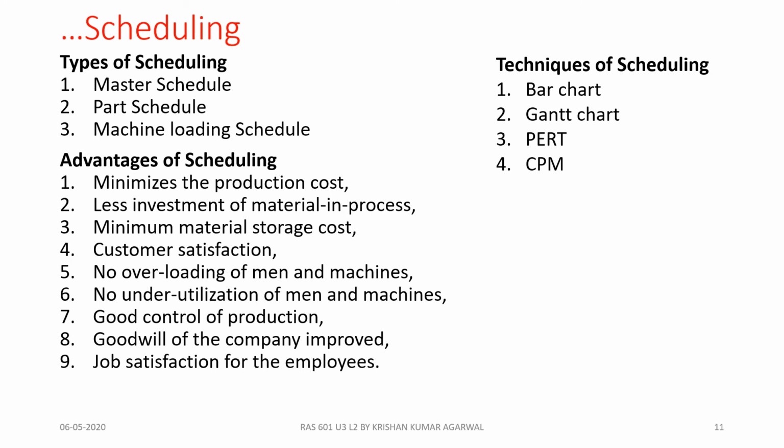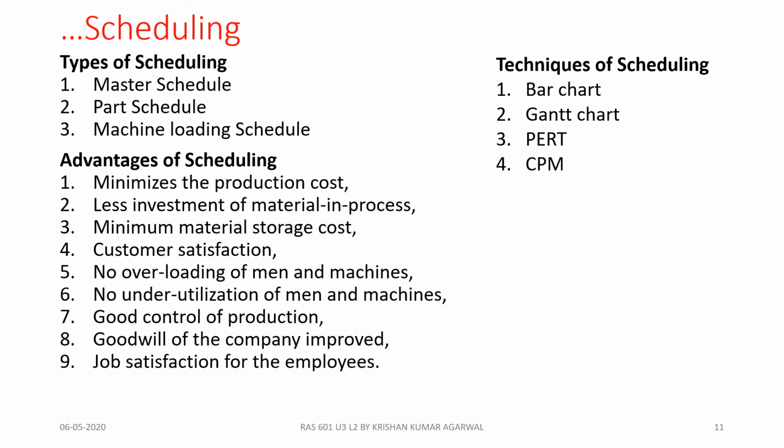There are various advantages of scheduling as a process. It helps to minimize the production cost. Also, it ensures less investment in material in process, WIP. It also helps to minimize the storage cost and improve customer satisfaction.